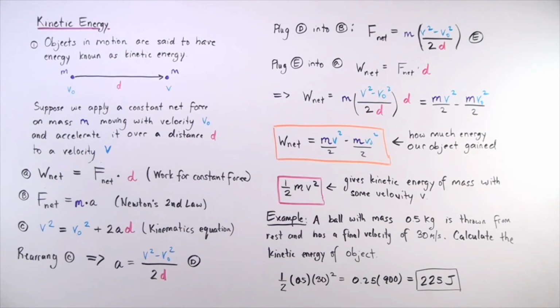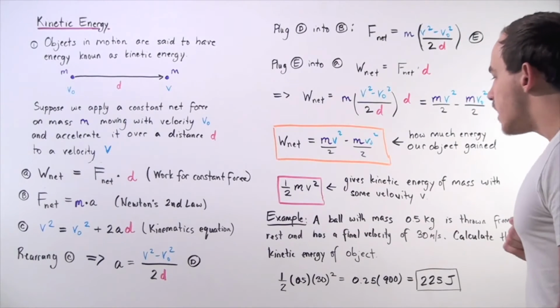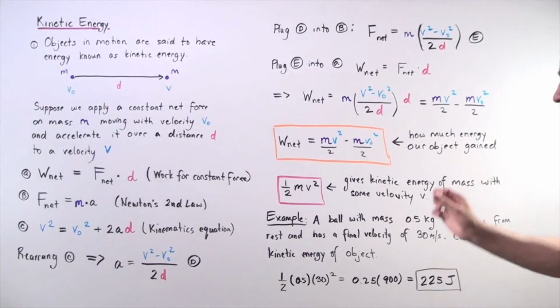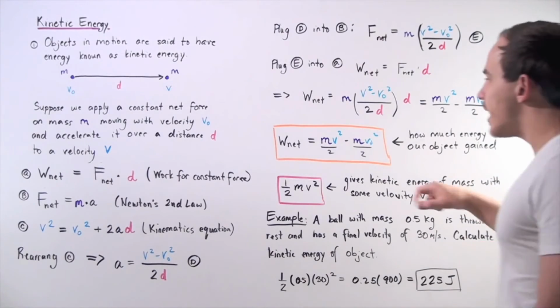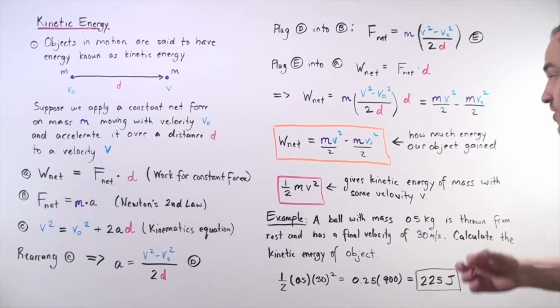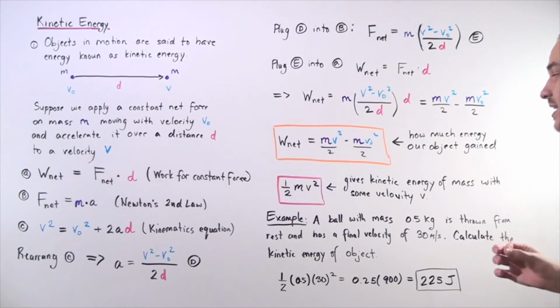So for example, let's suppose we have a ball with mass 0.5 kilograms, and that ball is thrown from rest and has a final velocity of 30 meters per second. So let's calculate the kinetic energy of the object as well as the net work done on the object. So initially, the object had a velocity of 0.